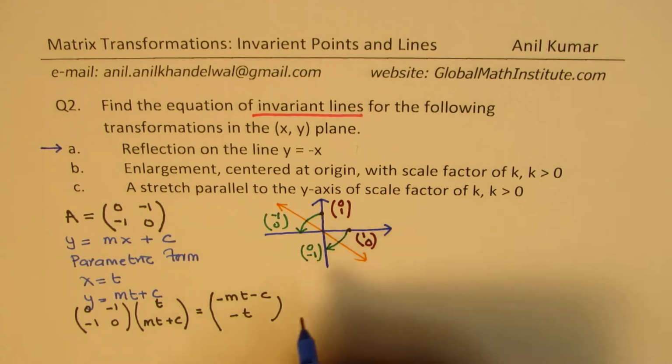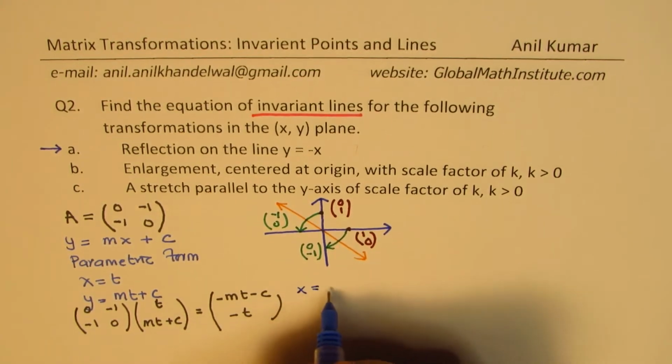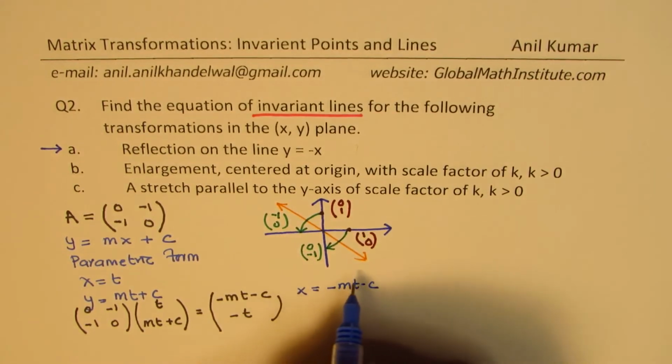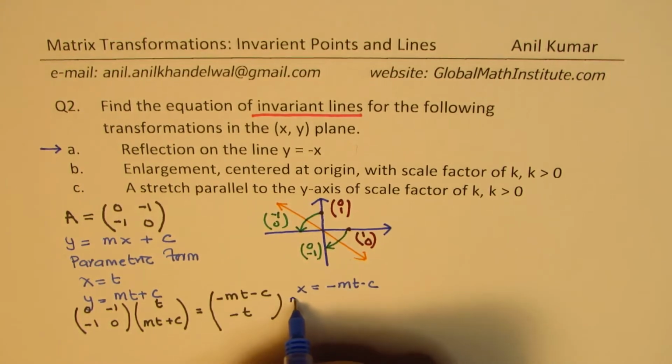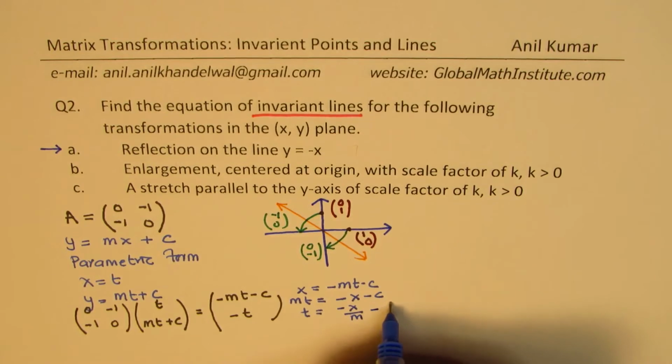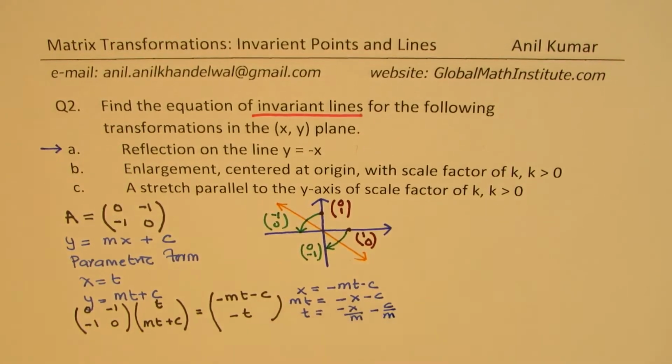So that gives you the condition that x equals minus mt minus c, and we could actually write this, bringing mt here, we'll just reorganize, and bringing x here, so we get minus x minus c, and t will be equal to minus x over m, minus c over m. So that is the value of t.